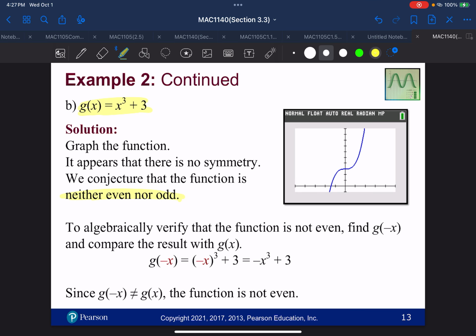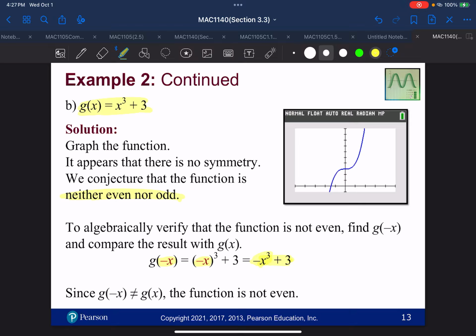But if we did it algebraically, I would plug negative x into my function again, and that would give me negative x cubed plus 3. Negative x cubed is negative x cubed plus 3.